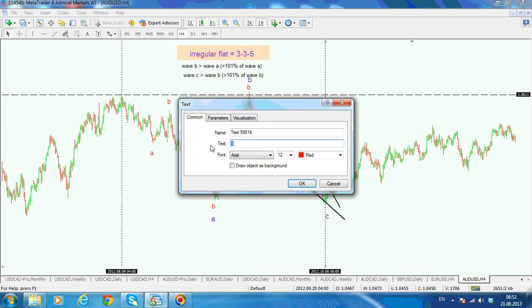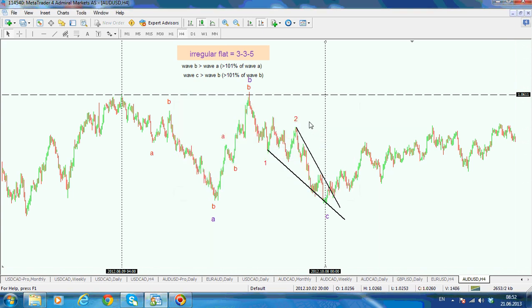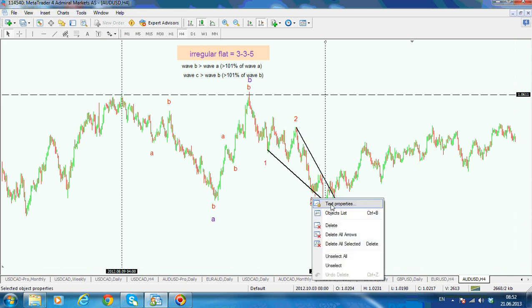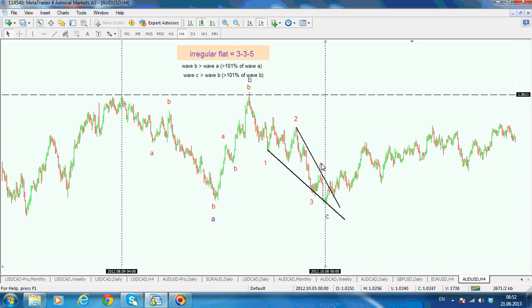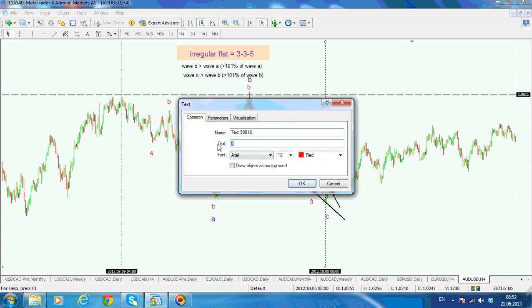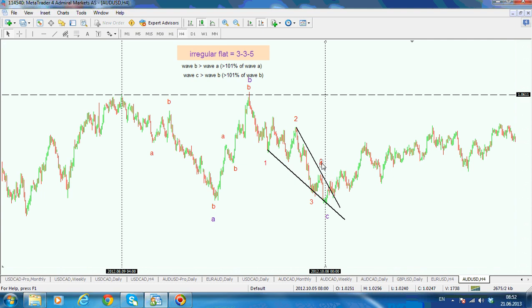This is, as you can see, for the second wave, called an irregular with C wave failure. So A, B, and C wave failure. Why a C wave failure? Because the C wave fails to retrace the whole length of the B wave. So 1, 2, and then comes the third wave to the downside. 1, 2, 3, 4, and 5.